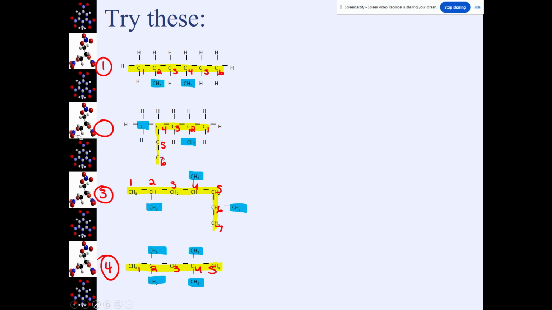So for the first one, I have 2 of the same branches, 2 methyl branches, so I can combine them together. So it'll be 2,4-dimethylpentane.